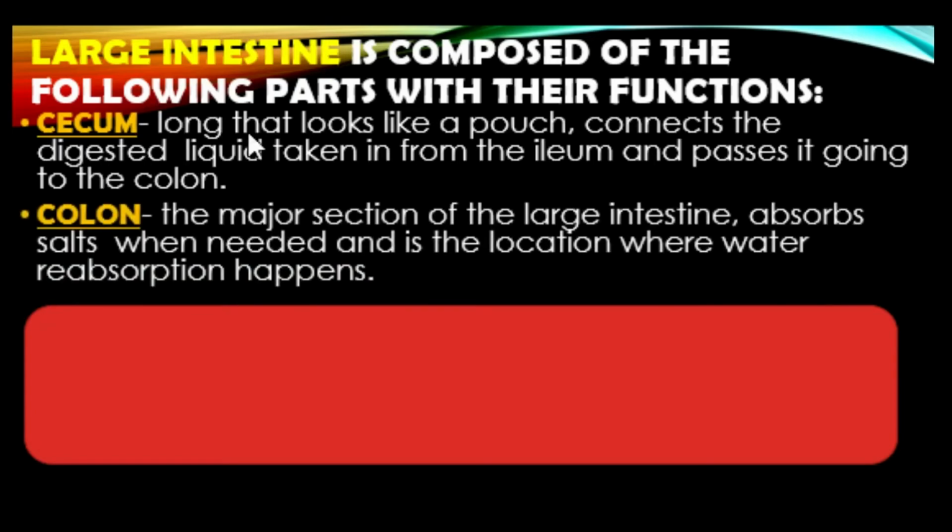The cecum looks like a pouch and connects the digested liquid taken in from the ileum and passes it to the colon. The colon is the major section of the large intestine, absorbs salts when needed, and is the location where water reabsorption happens.